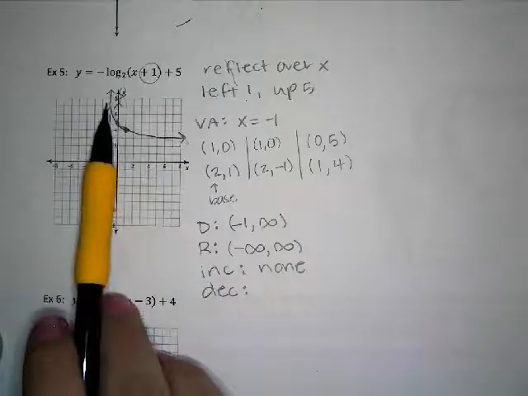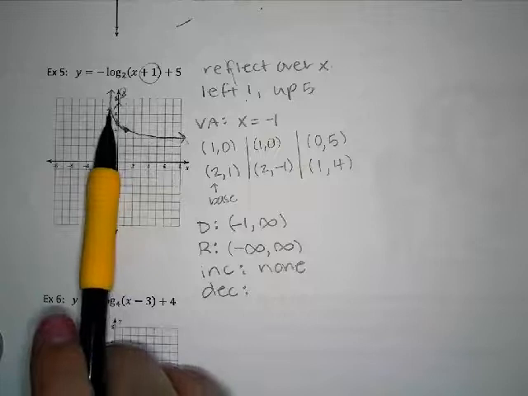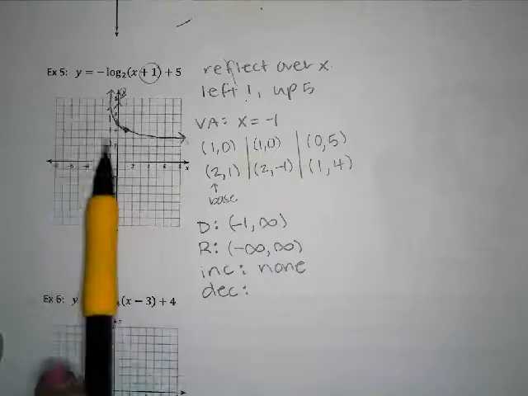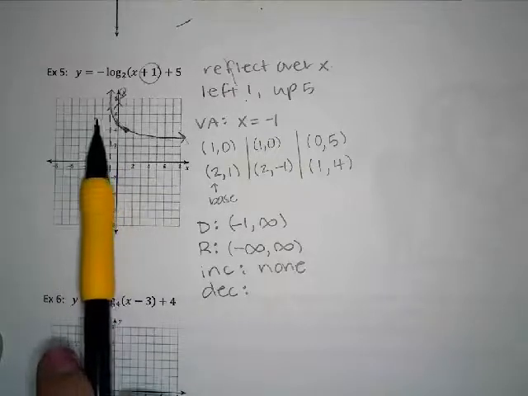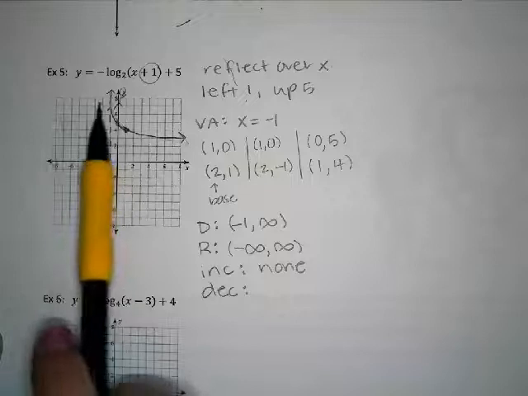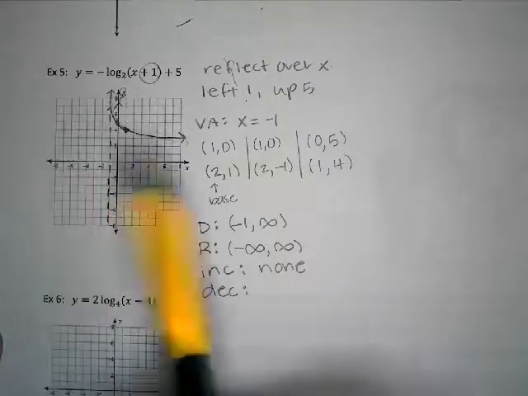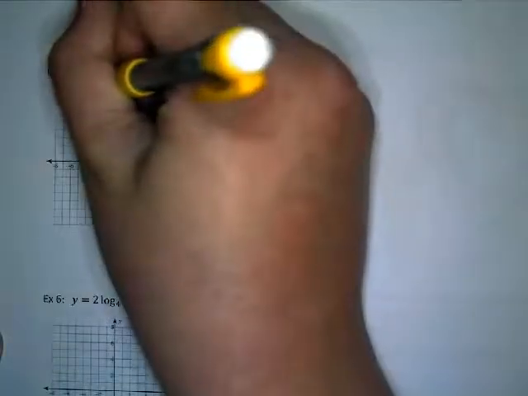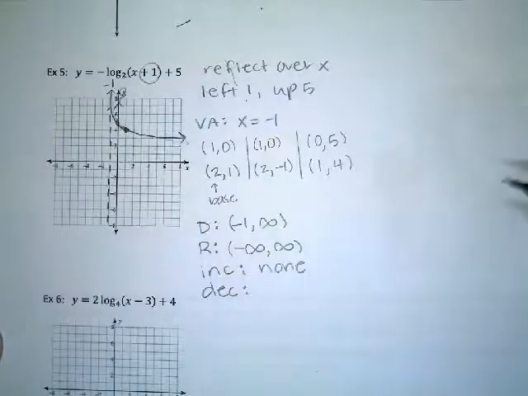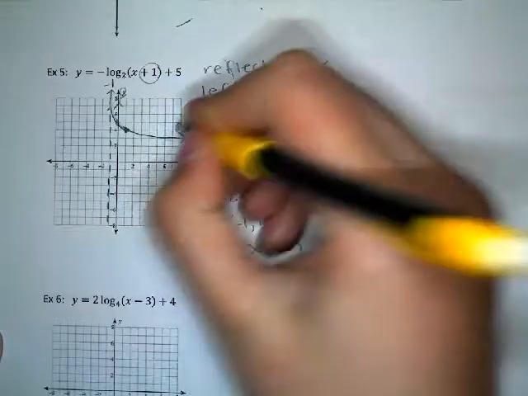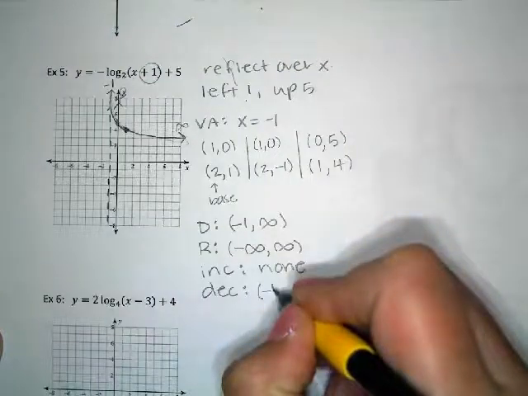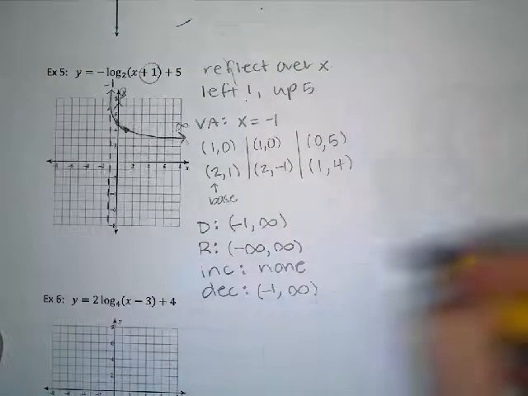It actually never gets to a -infinity because the asymptote is blocking it. So it can't go left forever because the asymptote won't let it. So it's going to start walking at -1 and finish at infinity. So -1 to infinity for the decreasing. All right, max min. None.